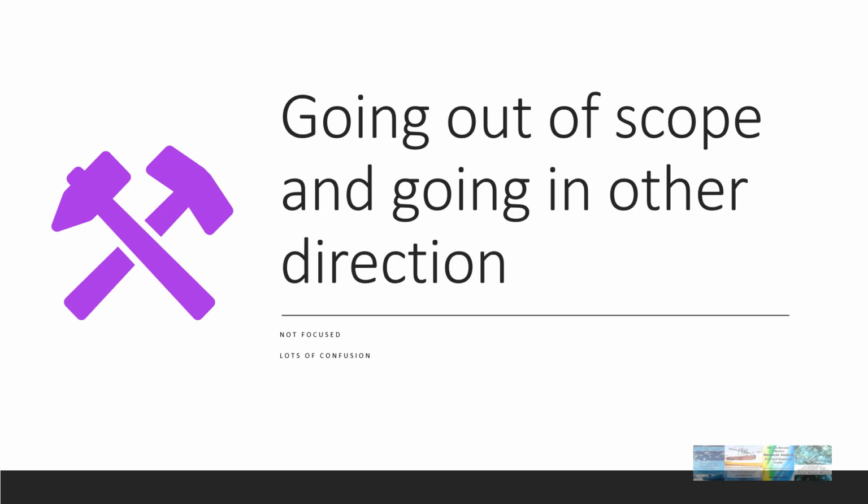Those additional things get compiled and increase the scope of the project. The original goal is not in focus anymore, other things are coming into play, it becomes more confusing, and the vision and the goal of the project get lost.